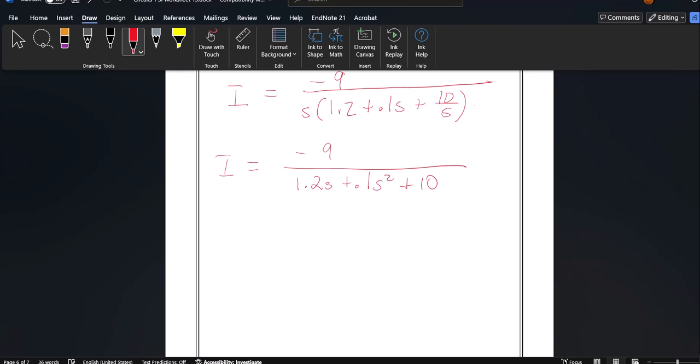Now I need to get this in correct quadratic form, either to factor it or to do something else with it, and I need to get the s squared in front, and I need it to have a coefficient of 1. So I'm going to factor out a 0.1 from everything. So divide everything by 0.1.